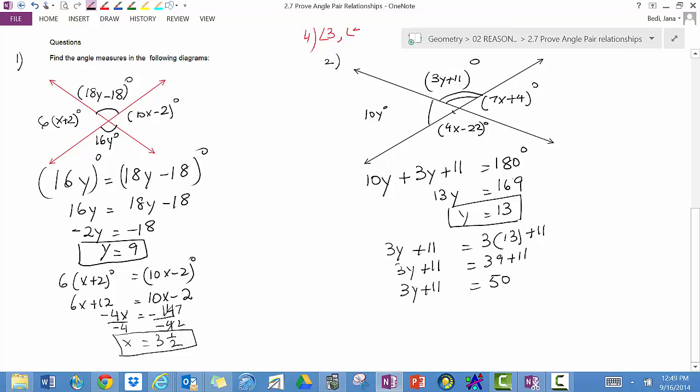And the angle across from it is 4x minus 22. So now I can say 4x minus 22 equals 50. 4x equals 72, and x is equal to 18. And I will leave it to you to find the angle measure.